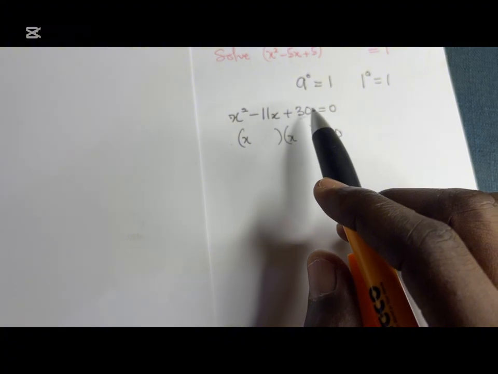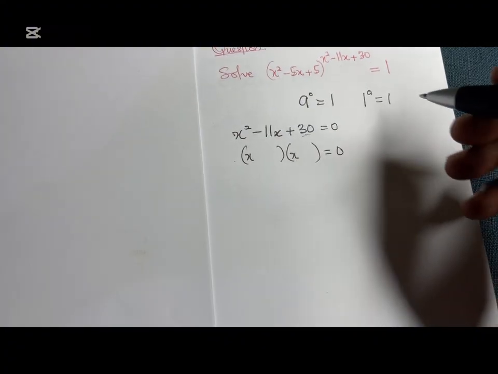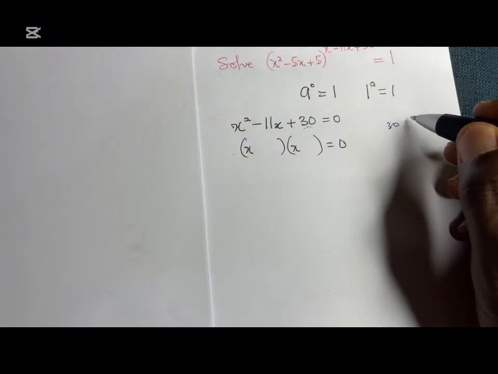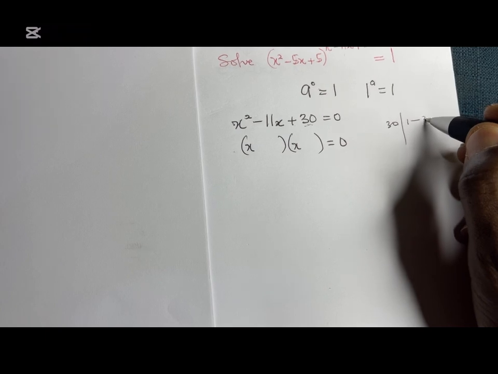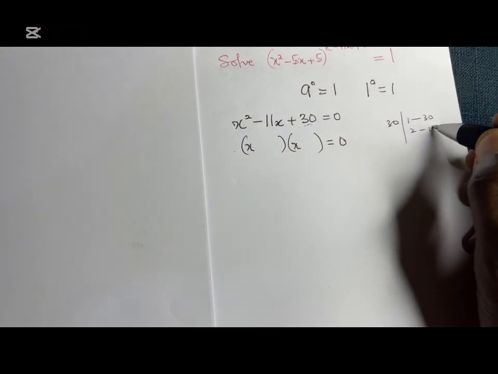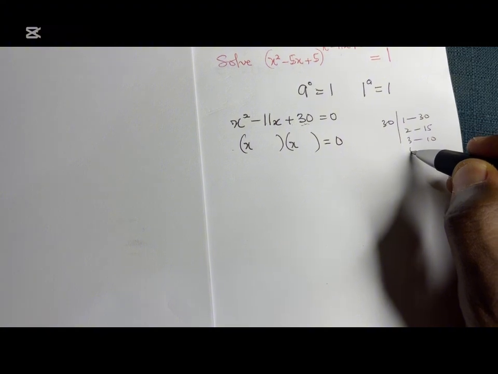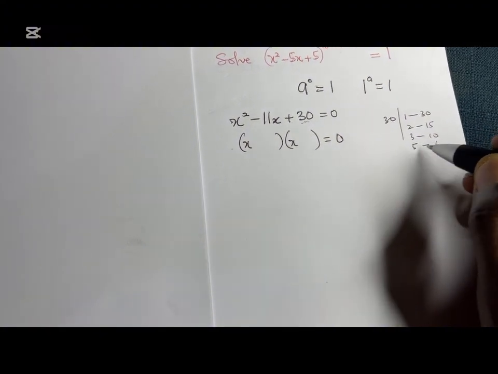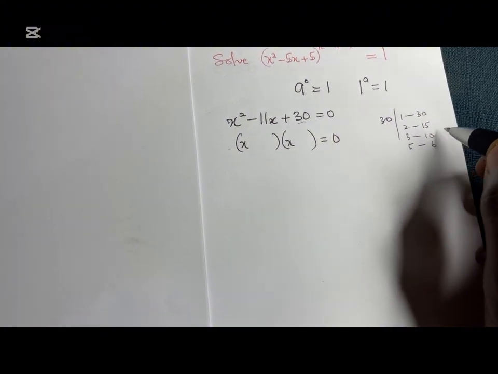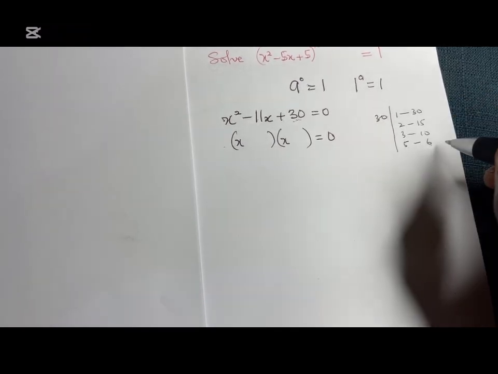To make it easier, let's first list the pair factors of 30. We have 1 and 30, 2 and 15, 3 and 10, 5 and 6. After 5, it's 6, so we close. So these are the factors of 30.